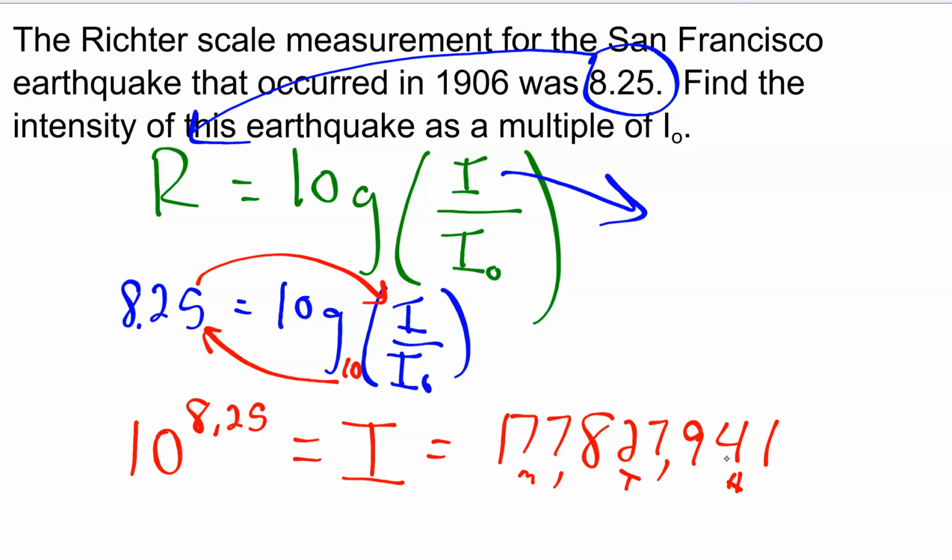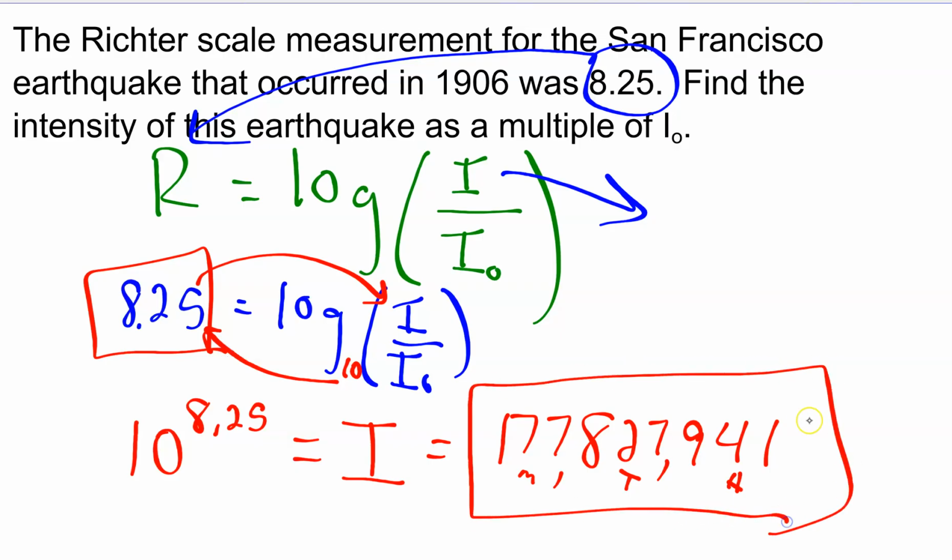So that's how many million times intensified from the original intensity of just the Earth moving, and you could put the I naught on here if you want. That's a really big number, and that's why these are done as something like 8.25. It helps you understand the intensity of the Earth moving.